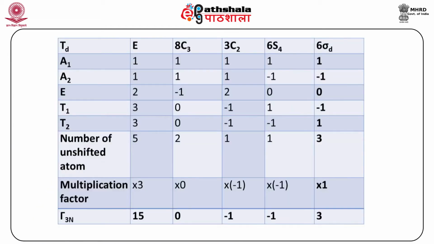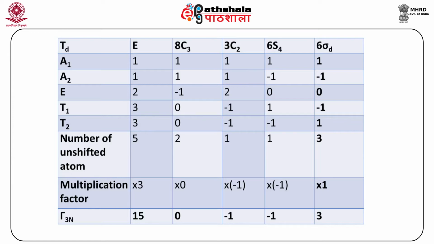Now let us see the effect of various symmetry operations of the CCl4 molecule on these 15 Cartesian coordinates, and these effects are summarized here. The numbers of unshifted atoms are given as 5, 2, 1, 1 and 3.